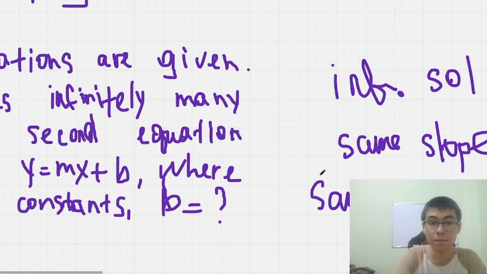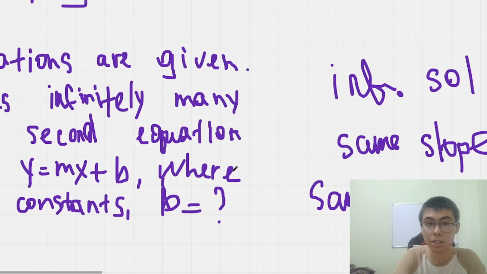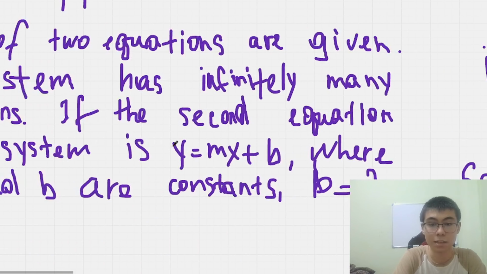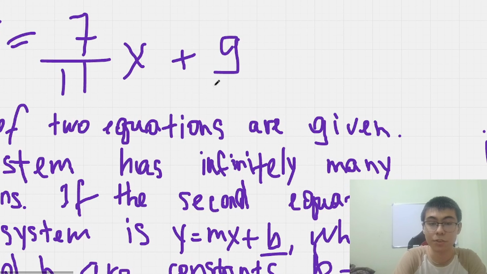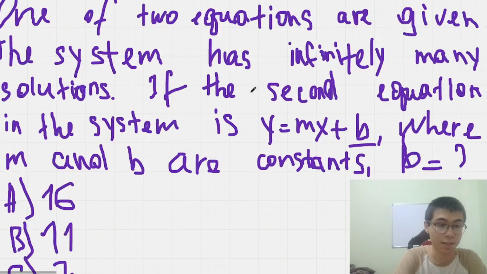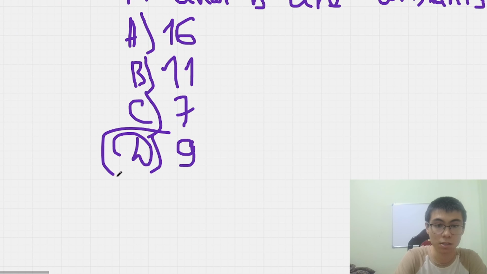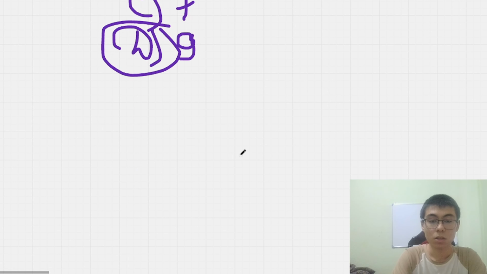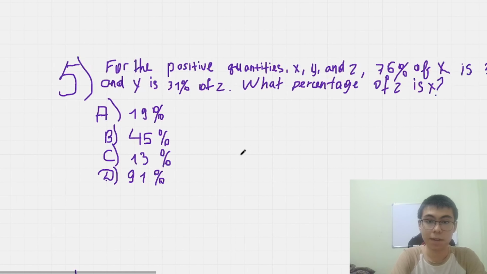So that's why you will literally need that. So it's asking for b, which is the y-intercept. So 9 is the correct answer. So D is the correct answer. So let's move on to question number 5.